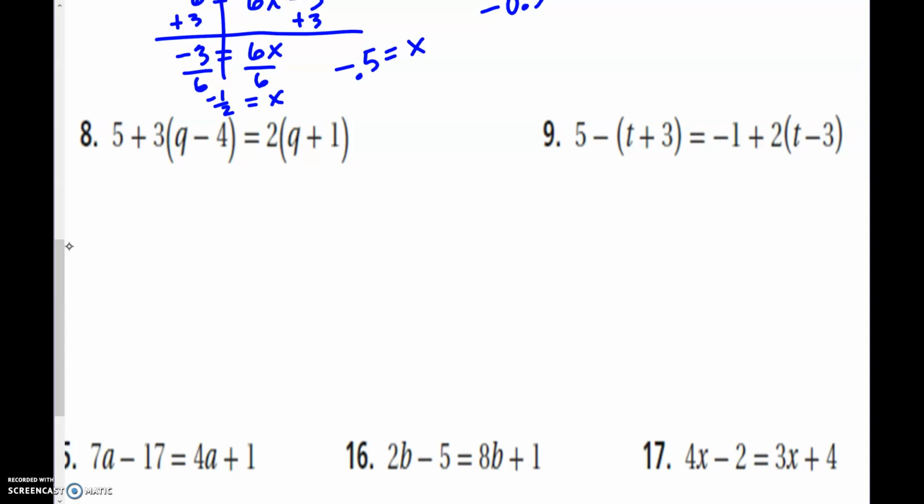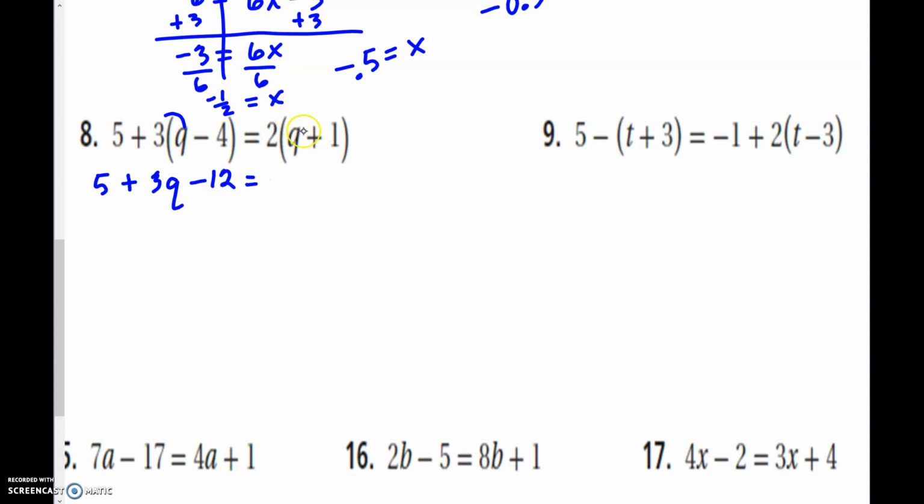We've got a couple distributive properties that we need to do. All right, so this first one, leave the 5 on the outside. 3 times q is 3q. Now be careful here because we have to take a 3 times a negative 4, so we get a negative 12.